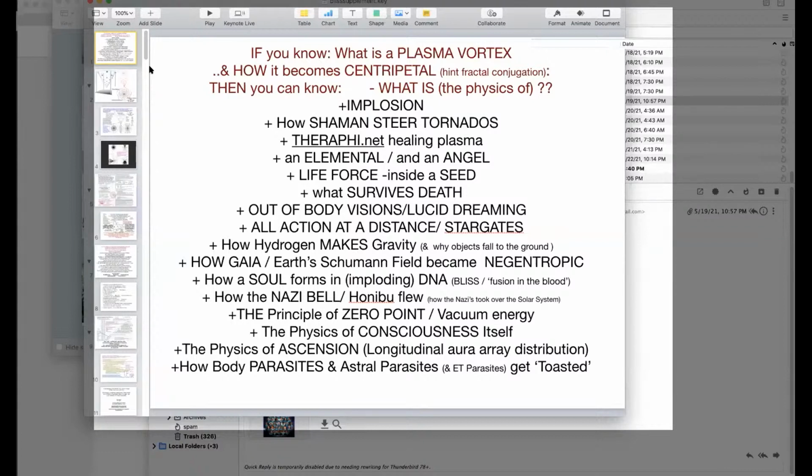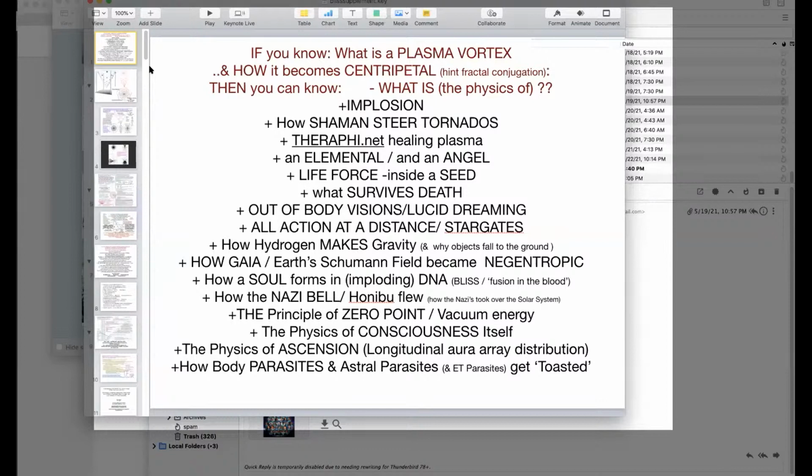And so the tornado will go out of its way to destroy metal buildings because they are painful to its plasma body, versus sacred stone structures, which feel like part of the body of the tornado. The tornado will never destroy them, because it feels like part of the body.